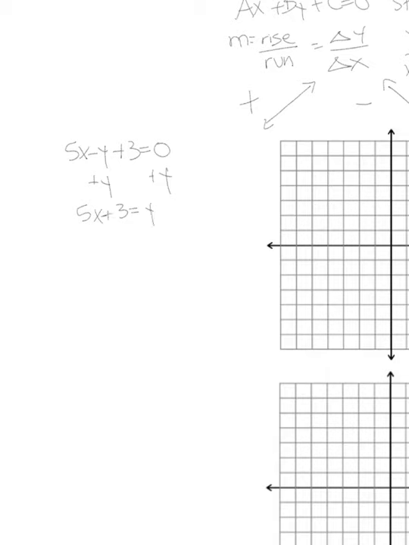We have this in y equals mx plus b form. Here, our 5 is our m, or our slope. Our y-intercept is 3, our b. We can do a quick sketch with this. I know it has to intercept at 3, and it has to go up 5 and over 1.